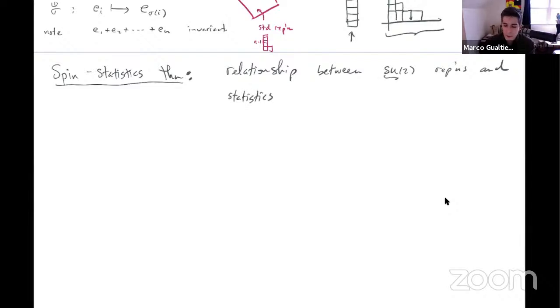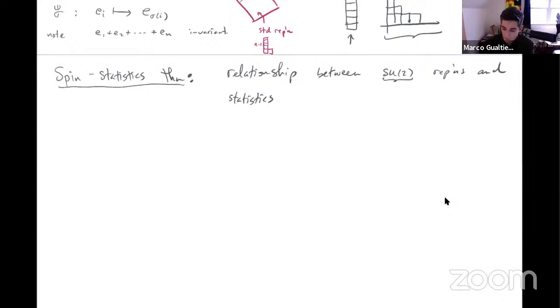And this SU2 here is really viewed as part of the Poincare group of symmetries of our universe. So this is SU2 inside P. In the assignment, I describe what P is.